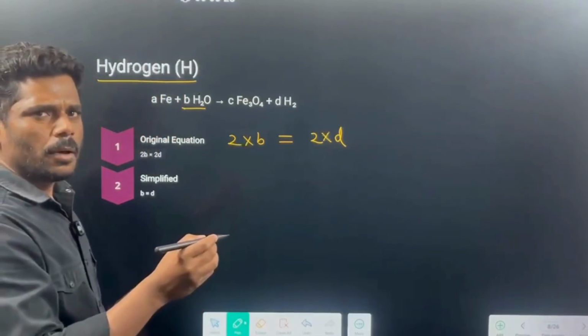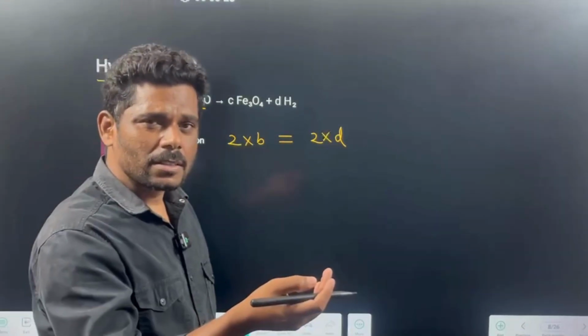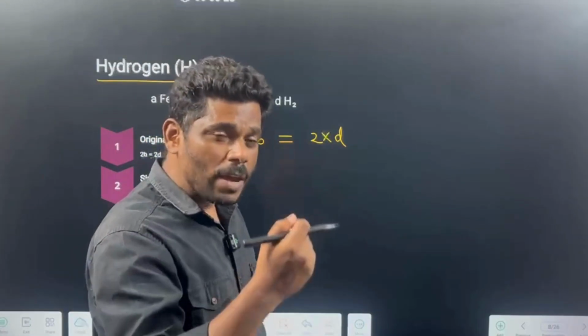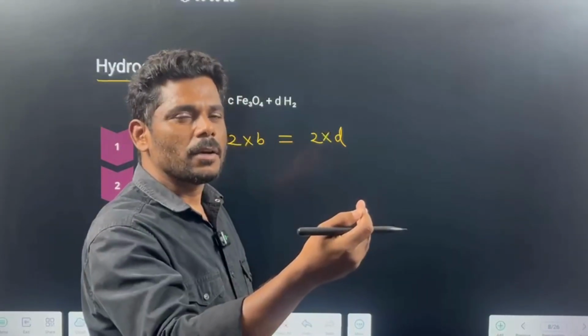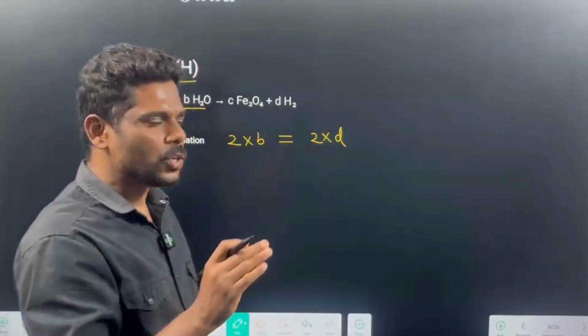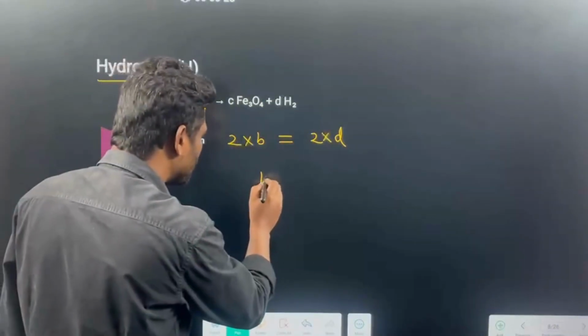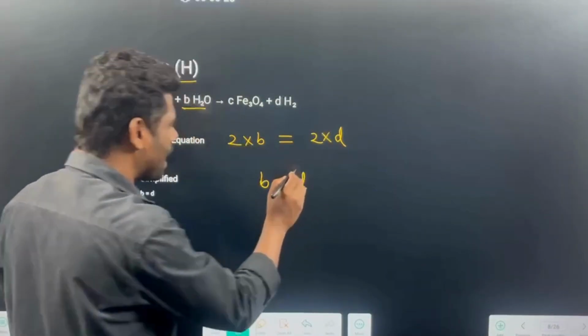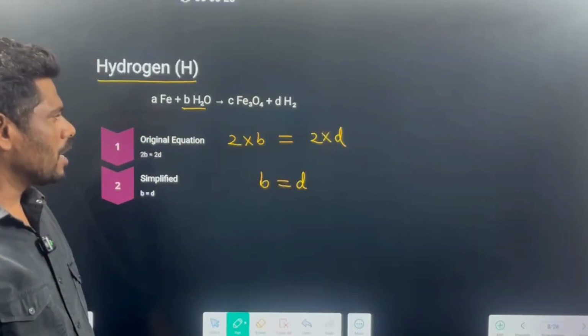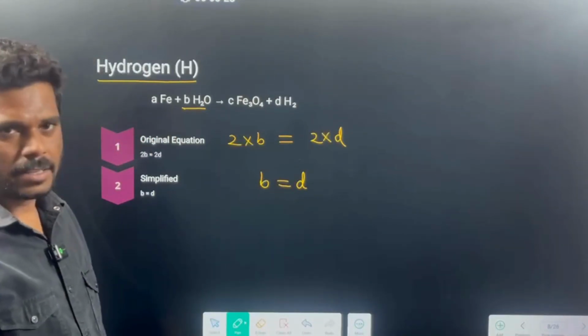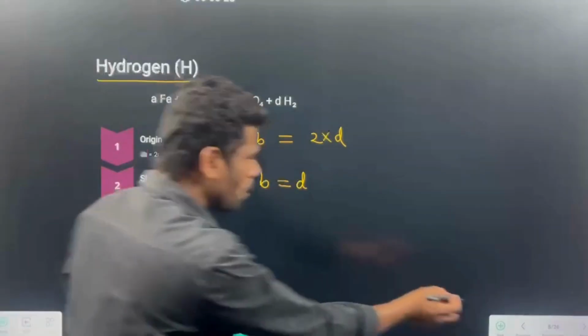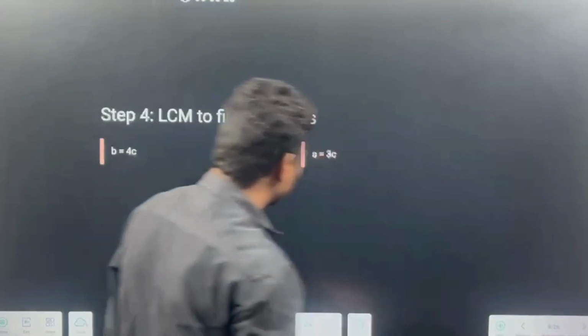Since in balancing equations we always intend to get the simplest possible ratio, we can give the relation between B and D as B equals D, as we can cancel the 2 on either side. Now we got some algebraic equations here.